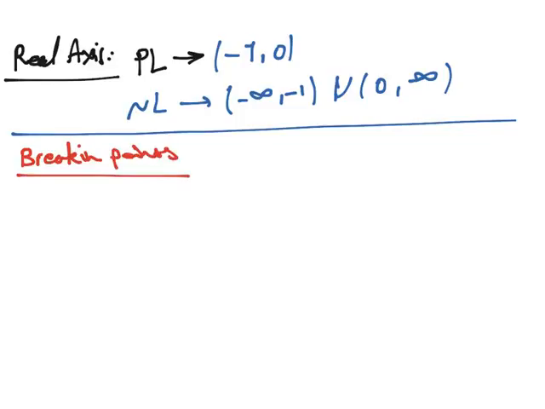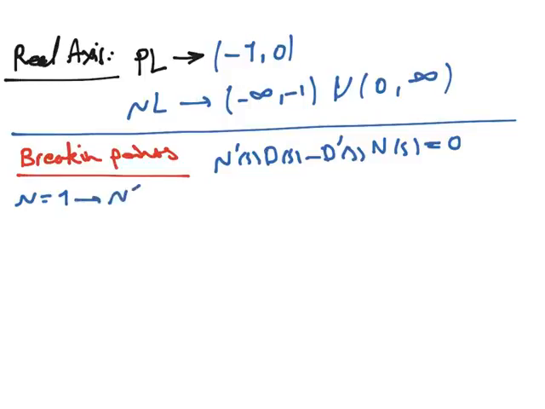In order to obtain the break-in points, we need to solve m prime times d minus n prime times n equal to 0. n is equal to 1, so m prime is equal to 0.